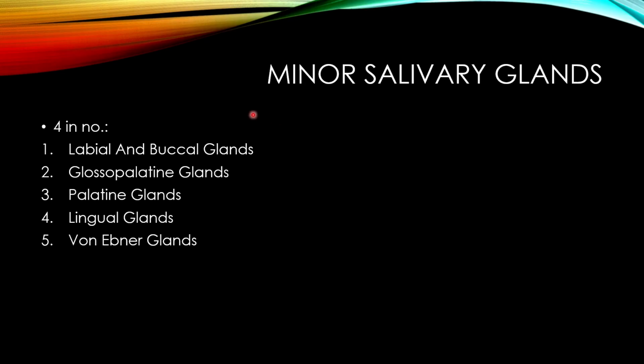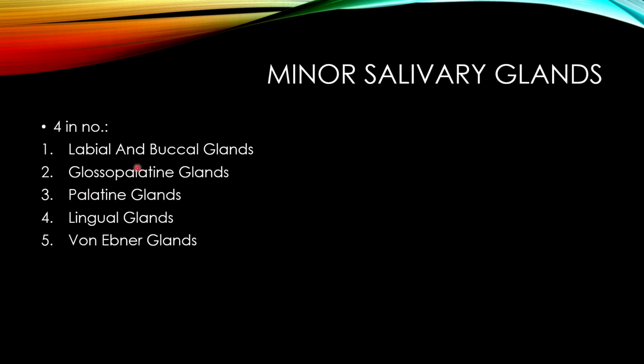The minor salivary glands are four in number: labial and buccal glands, present in the cheek and lips portion. Glossopalatine in the palate, palatine also in the palate, but glossopalatine behind the hard palate, at the junction of the soft and hard palate. If you have studied posterior palatal seal, you can search it on Google. You will know about it, glossopalatine.